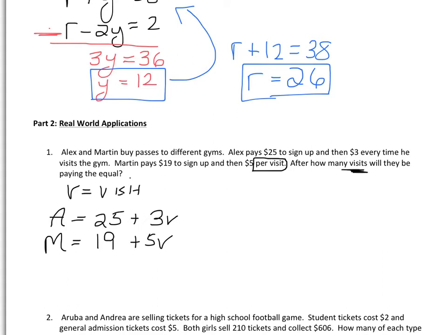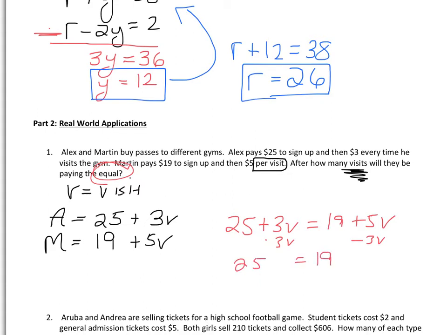So how many visits will they be paying the same? If it says same or equal, we're going to set them equal to each other. So 25 plus 3v is 19 plus 5v. If I subtract the 3v over to the other side, I have 25 is 19 plus 2v.